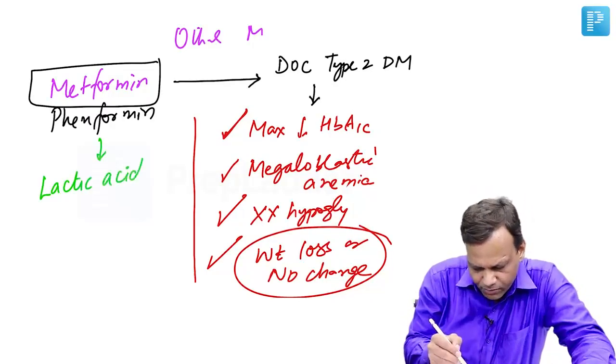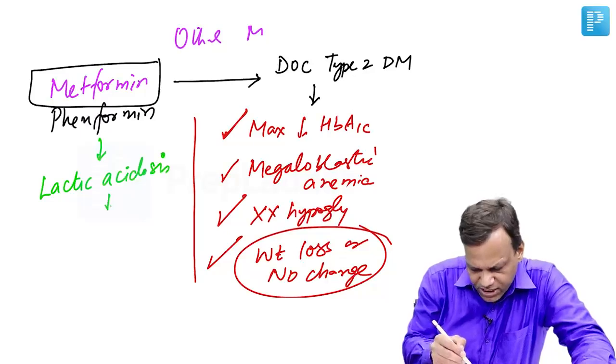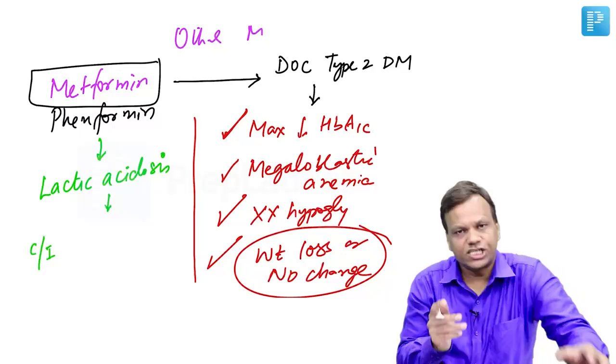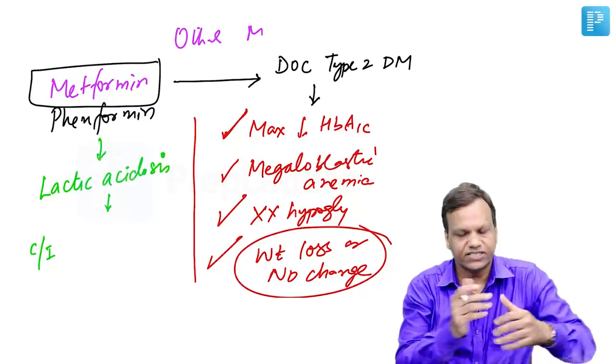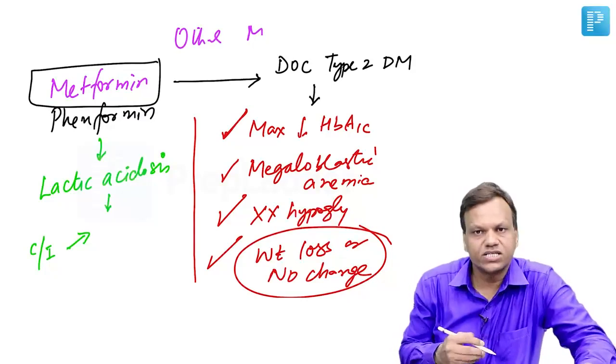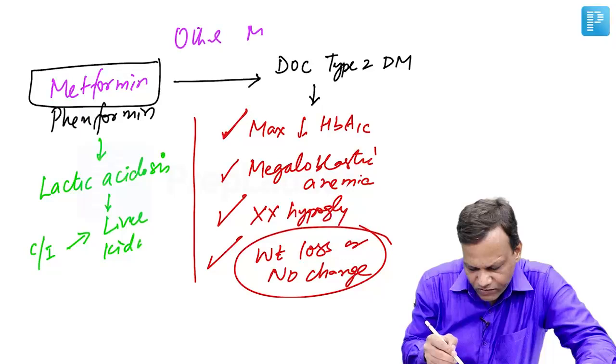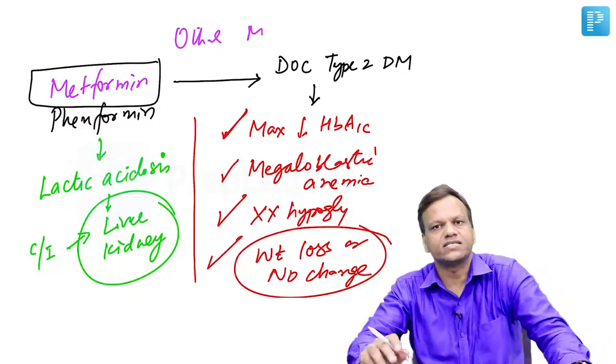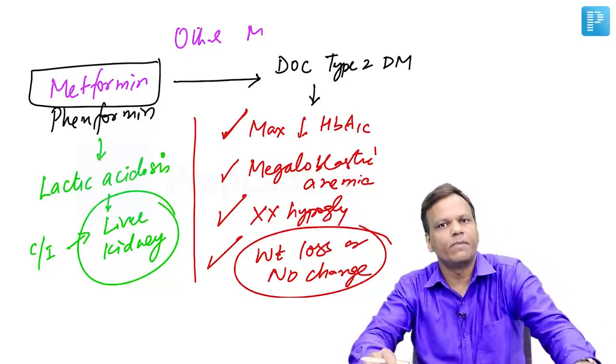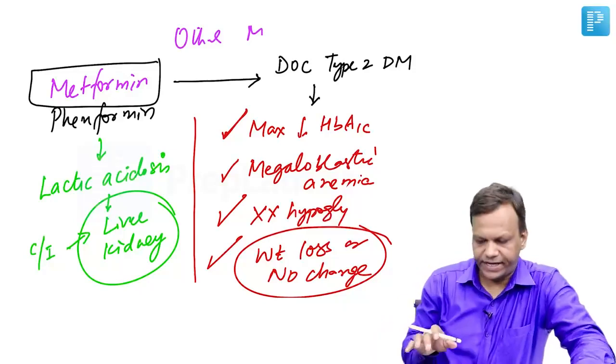Although it is uncommon, sometimes it can occur. So these drugs are contraindicated in conditions where there is increased risk of lactic acidosis. The risk increases in patients with liver or kidney disease, so it is contraindicated.